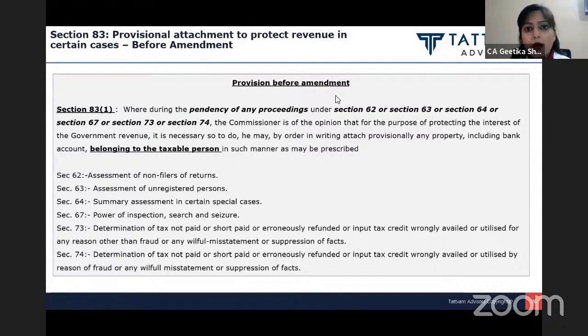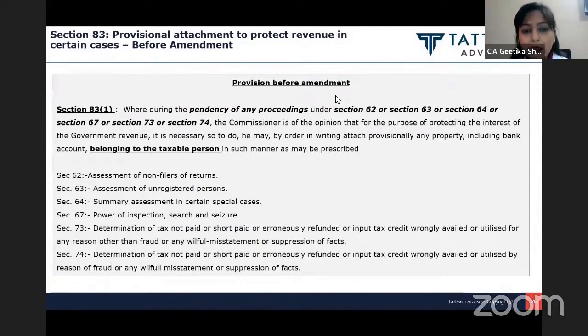Property can be a bank account or immovable property of the taxpayers, in case there were certain proceedings pending under section 62, 63, 64, 73, 74, the ones that have been listed down, basically mostly relating to assessment, any proceeding going on, or any show cause notice, or any inspection or search going on. So during the pendency of these proceedings, the tax authorities had powers to attach the property of the taxpayers.